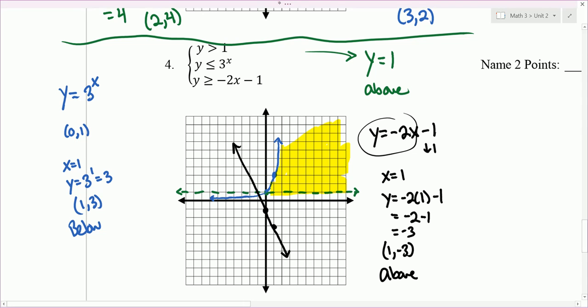So then we're going to pick 2 points in that shaded region. Let's see, over at 1, 2, 3, up 1, 2, 3. So 3, 3 works.